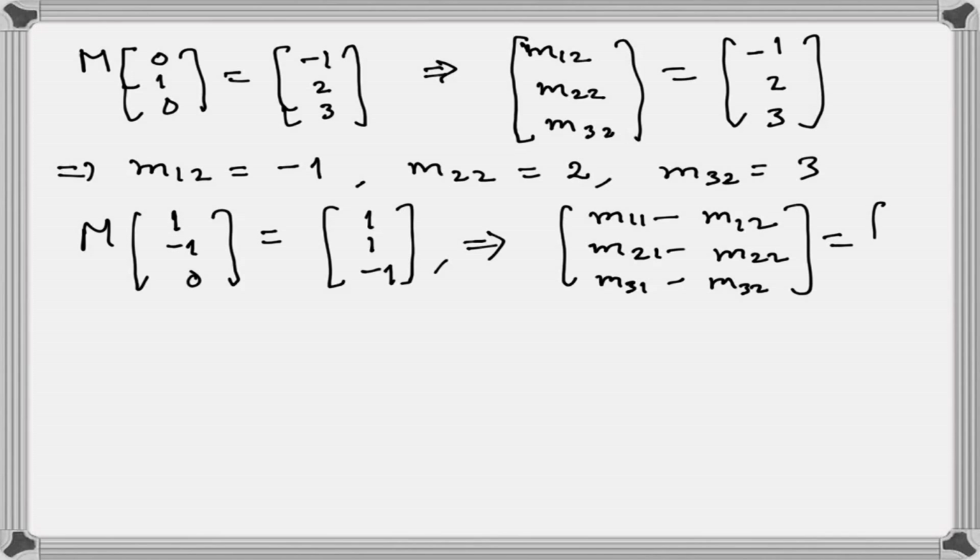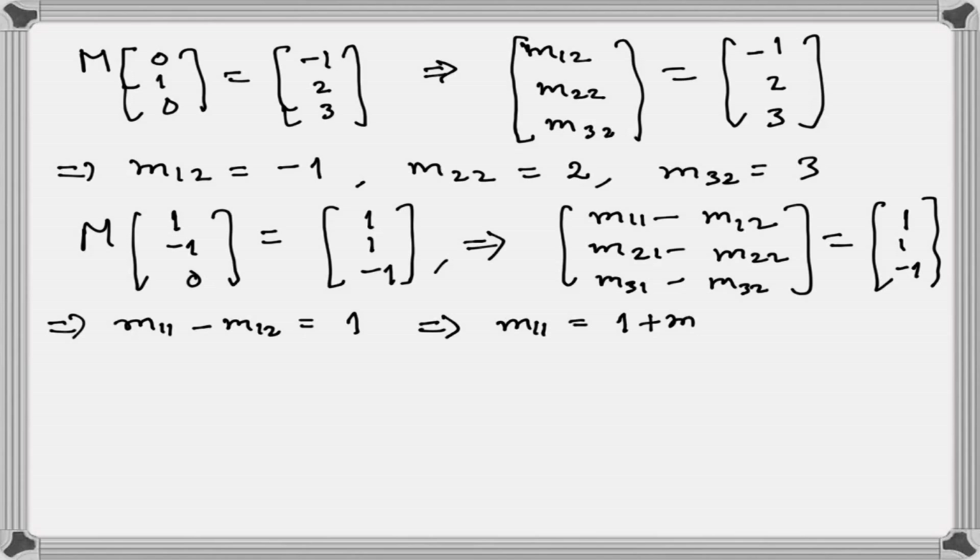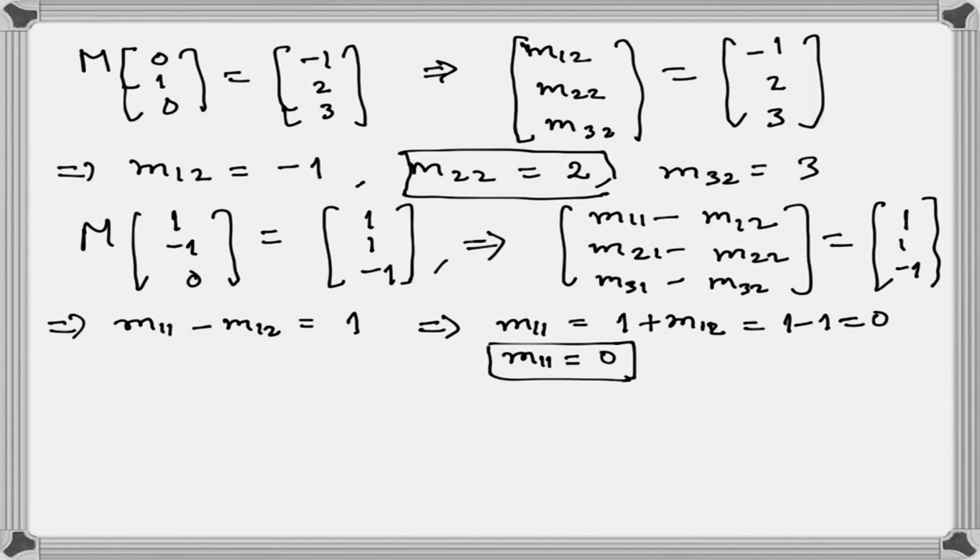This is equal to (1, 1, minus 1). So this implies M11 minus M12 is 1, implies M11 is equal to 1 plus M12. M12 is from here minus 1, so it's 1 minus 1, 0. So M11 is 0. Now, this is the first entry of a diagonal. This is the second diagonal entry.